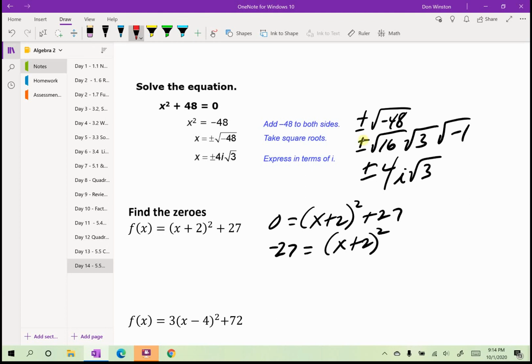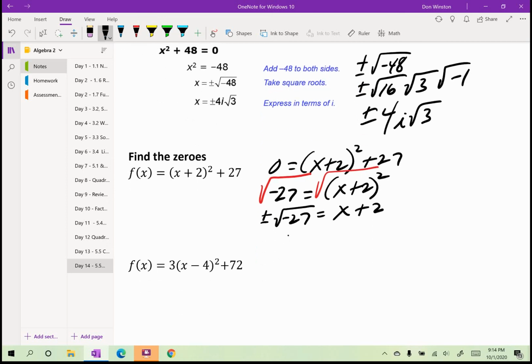We'll take the square root of both sides, and then we'll get plus or minus root negative 27 equals x plus 2. Then we'll break this up into plus or minus the square root of 9 times the square root of 3 times the square root of negative 1 equals x plus 2.